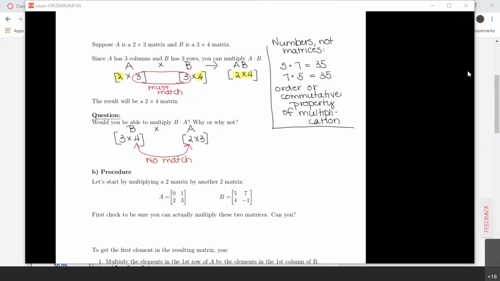I'm having trouble seeing the chat in its entirety. Why do you think? So I'll say matrix multiplication is not commutative. So what do you think? Why is that not the case?